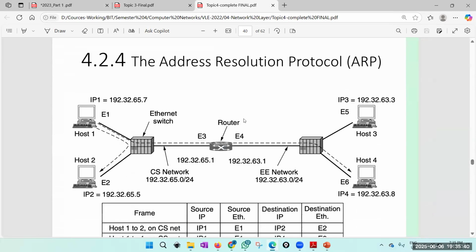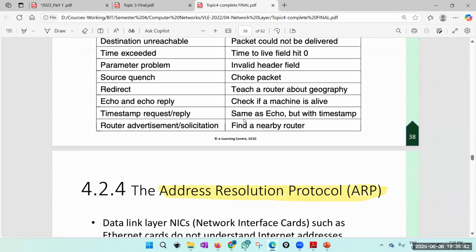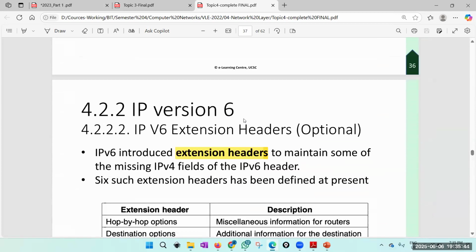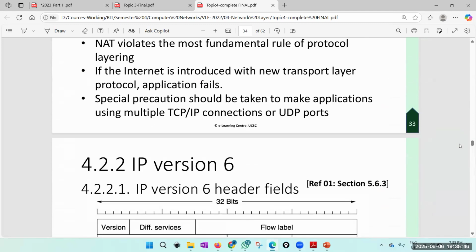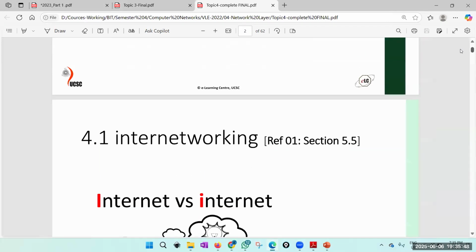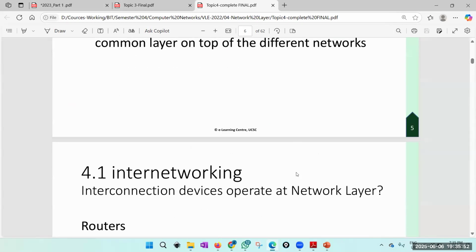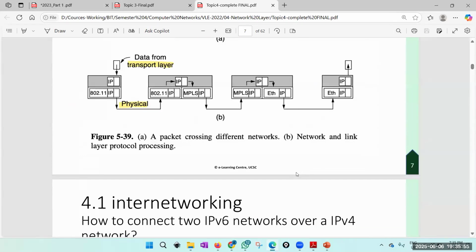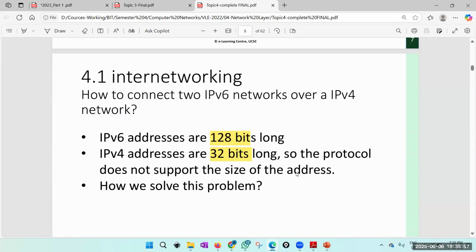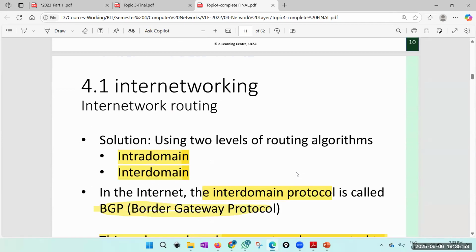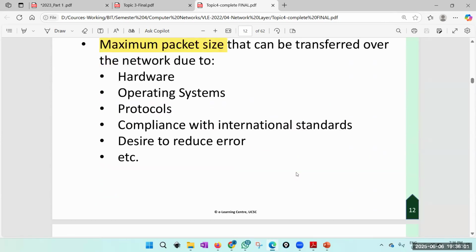You can see address resolution protocol. Internetworking, router, right?